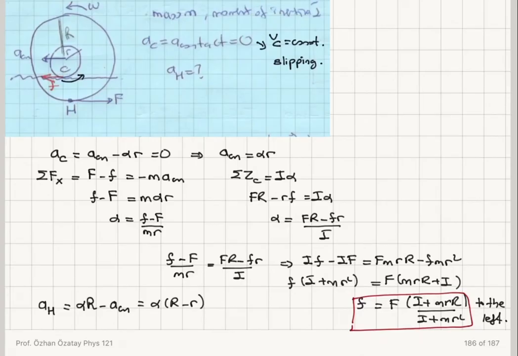So it's going to have alpha times r minus r. Since I have already calculated the force of friction, I can use that in order to find what alpha is. So I can substitute the force of friction into one of these equations. For example, I can substitute it here, and then I solve for alpha.